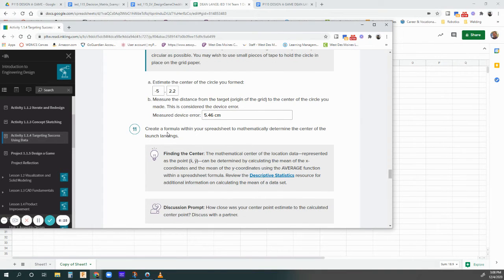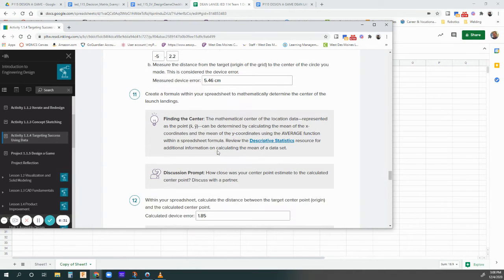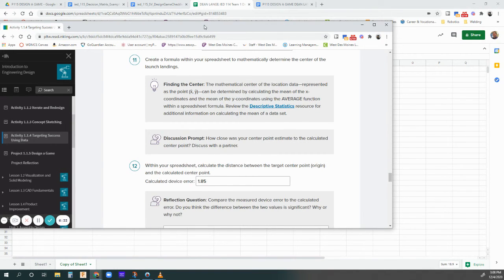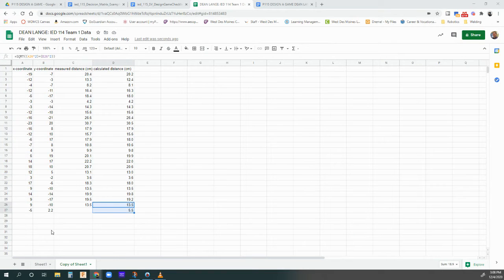All right, so now we need to create a formula using this spreadsheet to mathematically determine the center of the launch landings. All right, so how are we going to find where the center actually is? Well, first, this was me just adding something to the spreadsheet, so I need to take that away.